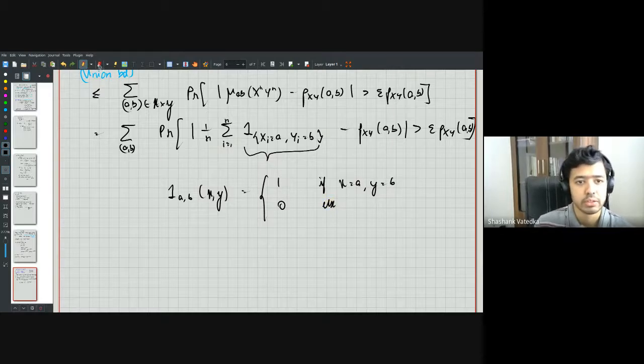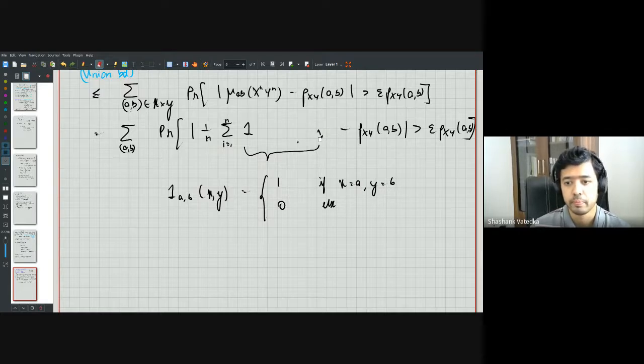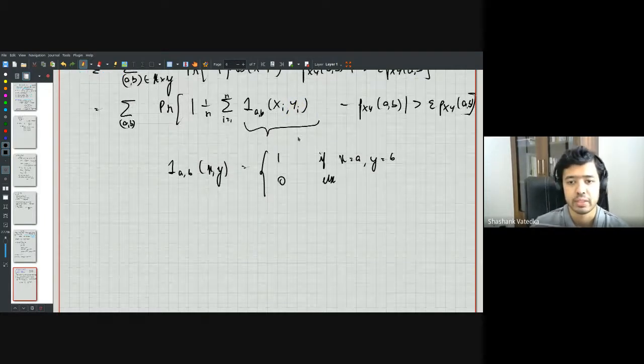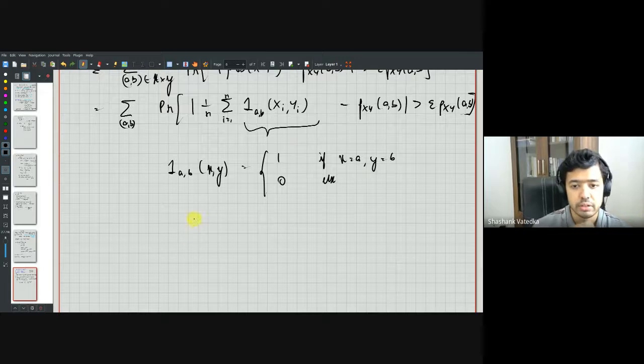So this would be indicator_{a,b}(x_i, y_i), a function of x and y.